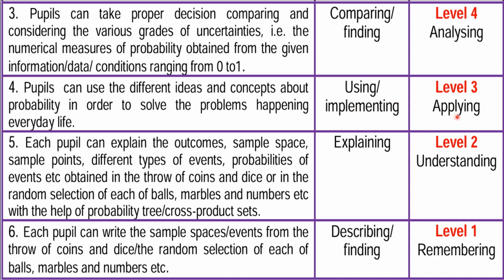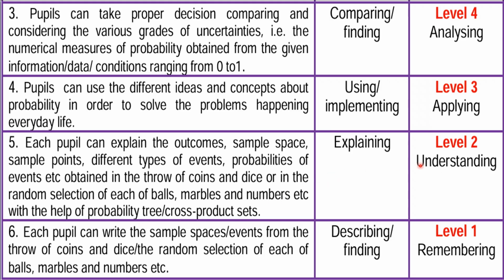Level 3 applying. 5. Each pupil can explain the outcomes, sample space, sample points, different types of events, probabilities of events, etc. obtained in the throw of coins and dice, or in the random selection of each of balls, marbles, numbers, etc. with the help of probability tree, cross product sets.